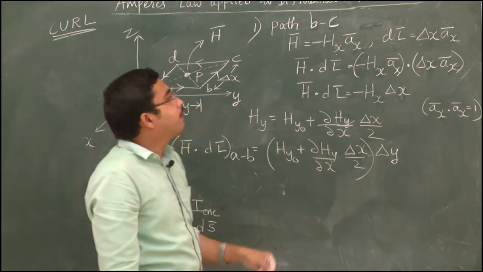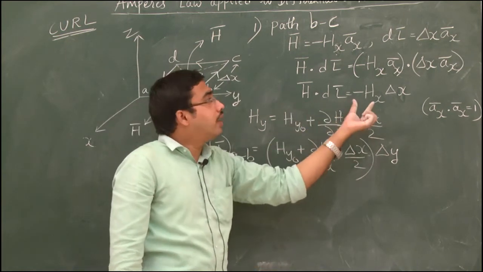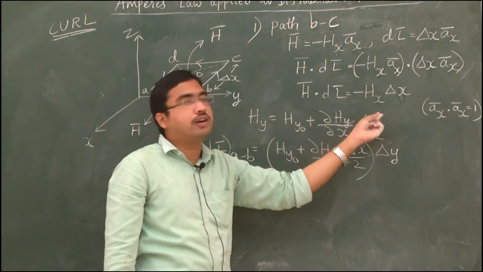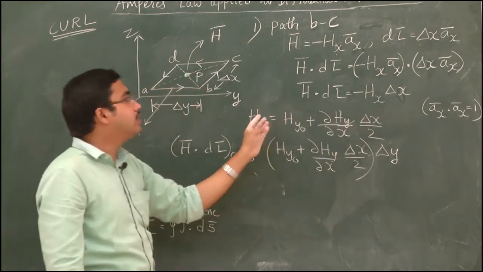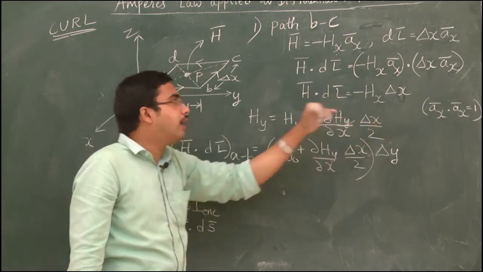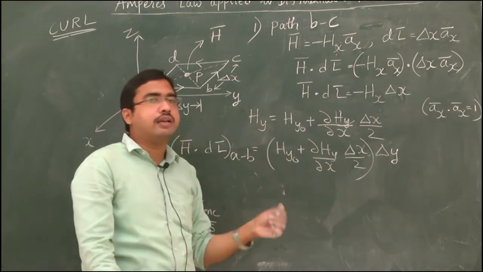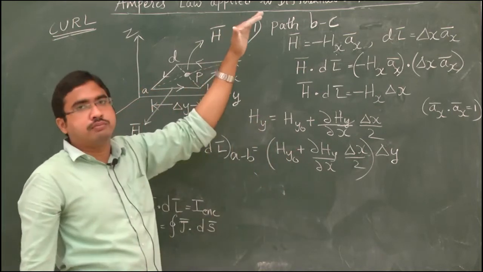So if we calculate the value of this Hx, then you can substitute that Hx here and completely we can get the formula for H bar dot dL bar in the path BC.